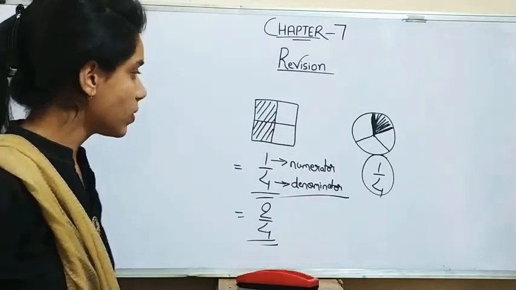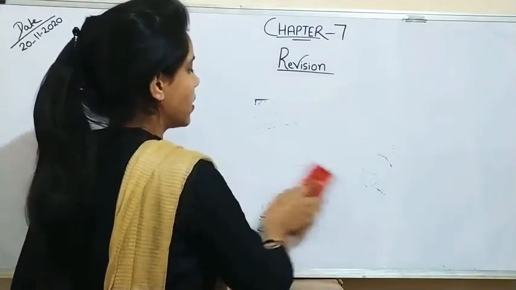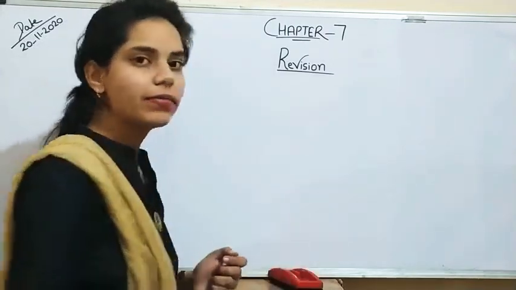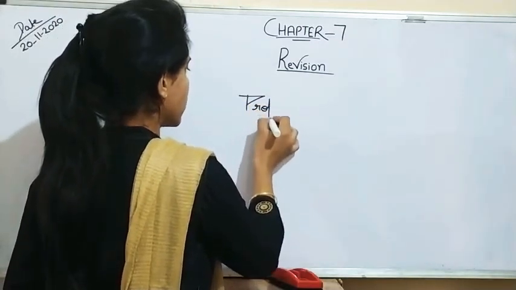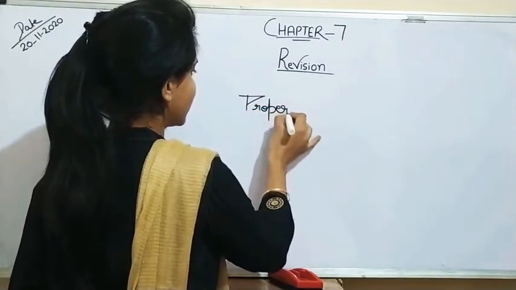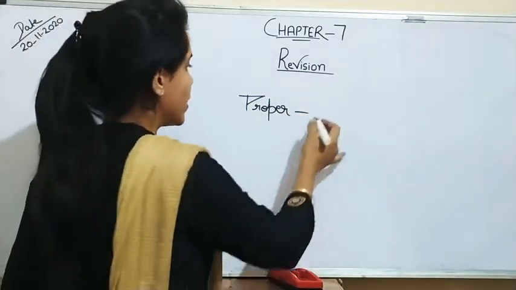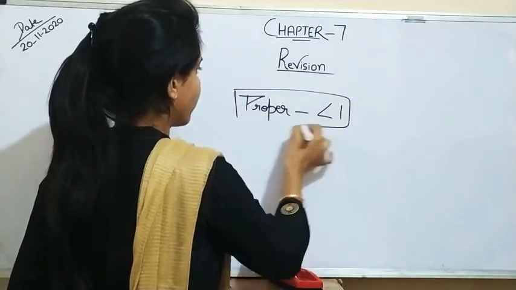Now, how many types of fractions are there? There are 3 types of fractions: proper, improper and mixed fraction. Proper fraction means the numerator is less than the denominator, which means these quantities are less than 1. See how?